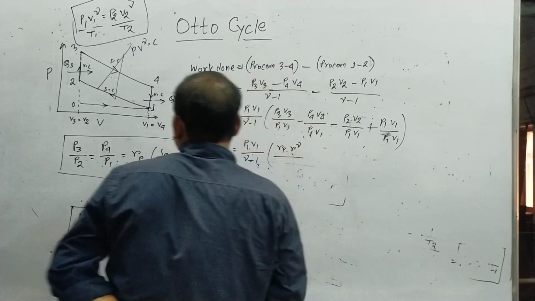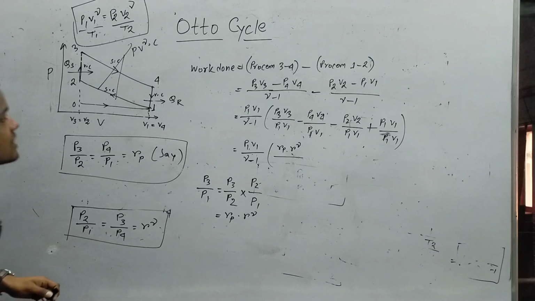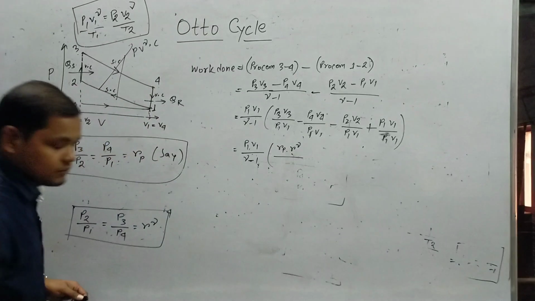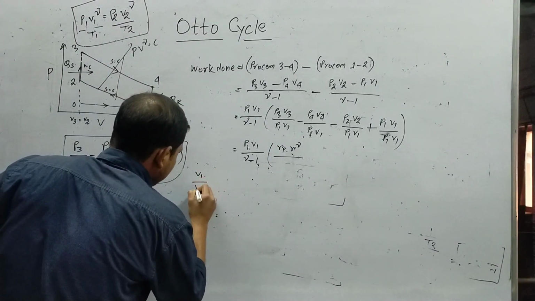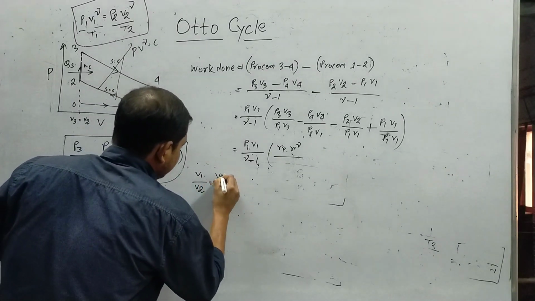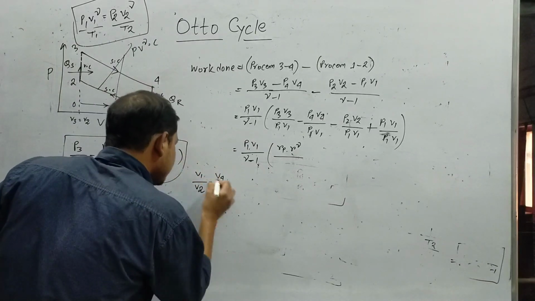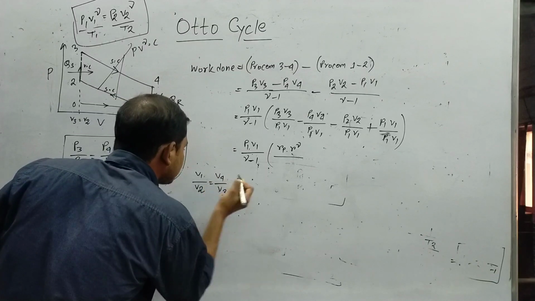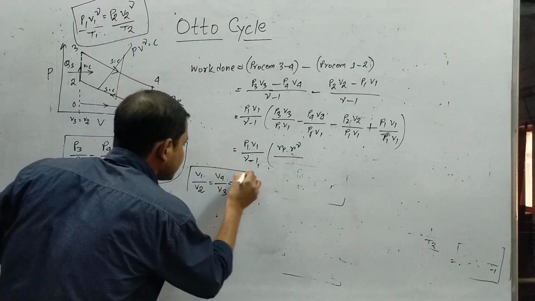Okay, and you can see the compression ratio, which we have already discussed. The compression ratio is generally V1 by V2 is equal to V4 by V3, where V2 is equal to V3 and V1 is equal to V4, and that is equal to R, nothing but R, that is the compression ratio.